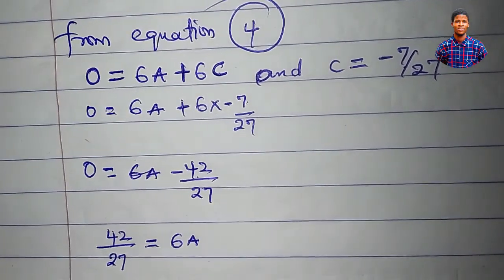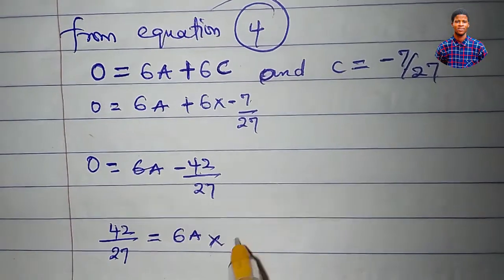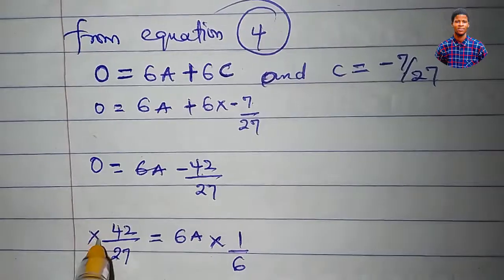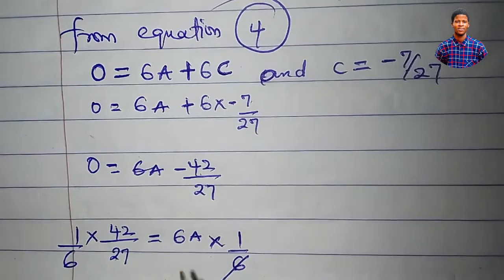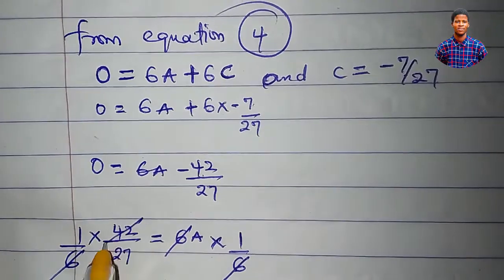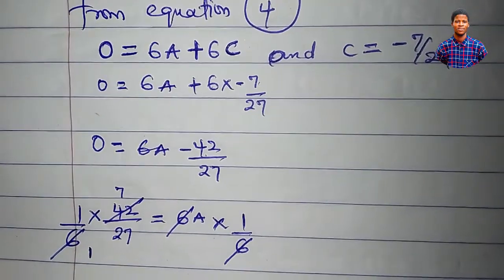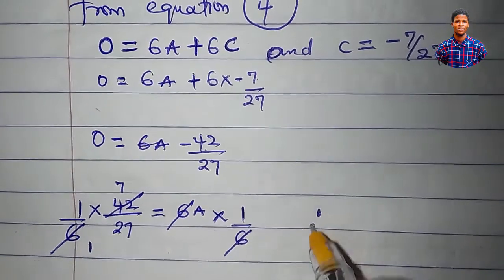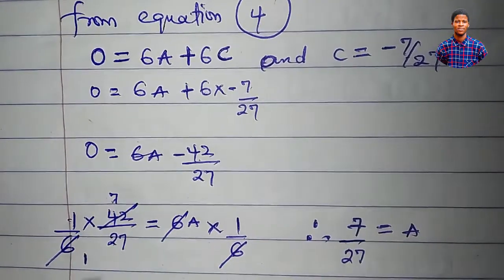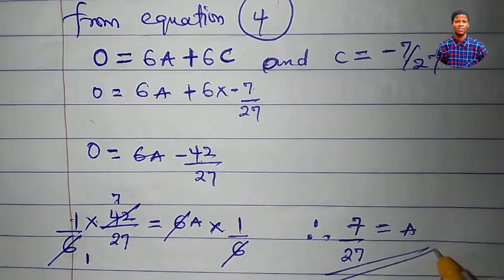So we can now divide both sides by 6, or better still, multiply both sides by 1 over 6. 6 will cancel 6. 6 here is 1. 6 here is 7. Okay, so it means that 1 times 7 is 7. 1 times 27 is 27. And that's the value of a.